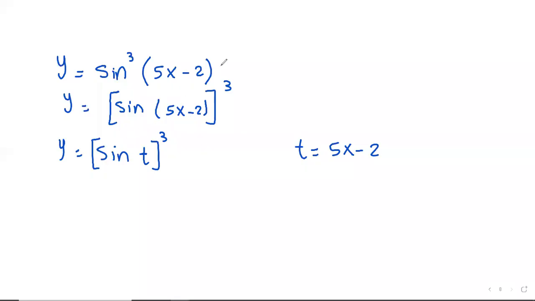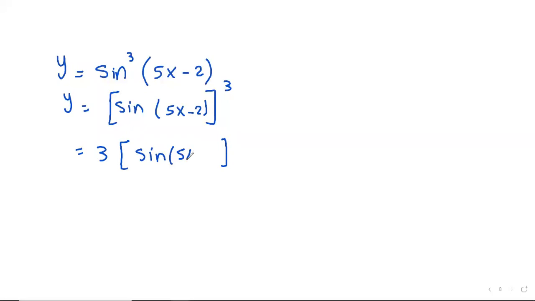Or instead of that, we can find the derivative of the function directly. The derivative is 3, and we are dealing with it as a whole function. So it's sine 5x minus 2 all to the power of 2 multiplied by the derivative of what is inside the bracket, which is 5. The derivative of 5x minus 2 is 5. We can tidy it up. It will be 3.